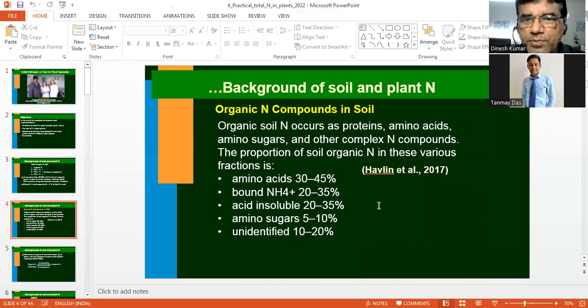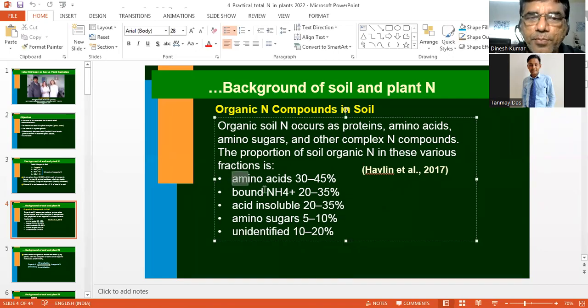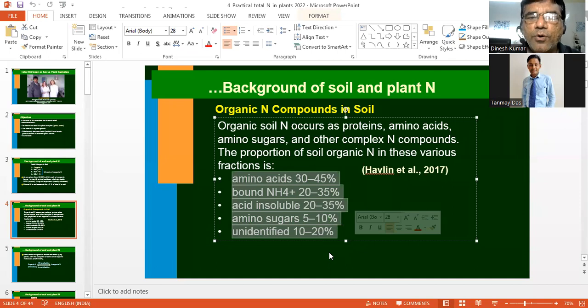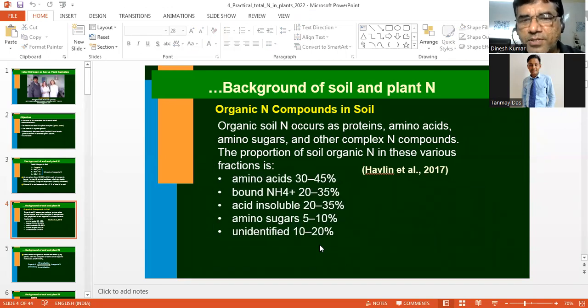The proportion of soil organic nitrogen in these various fractions is: amino acids 30 to 45%, bound ammoniacal nitrogen 20 to 35%, acid insoluble 20 to 35%, amino sugars 5 to 10%, and unidentified 10 to 20%. So you can see the relative proportion of different organic compounds which have nitrogen.